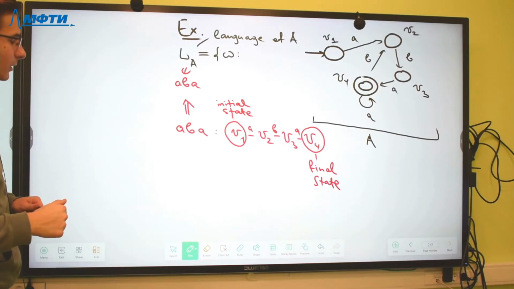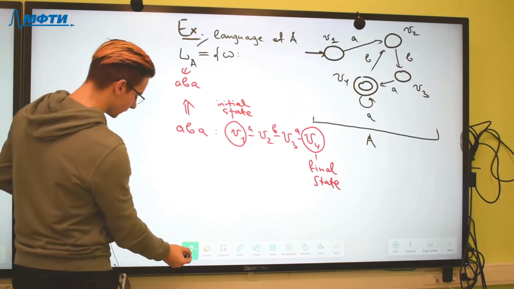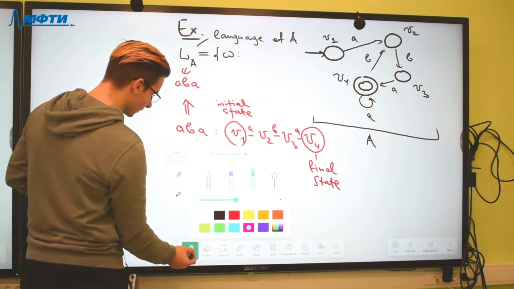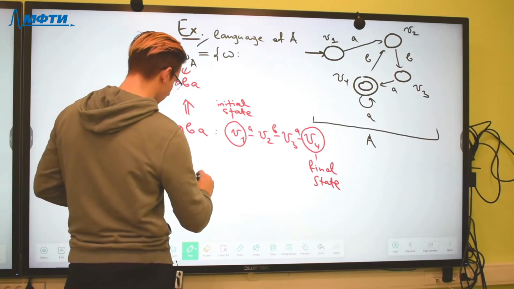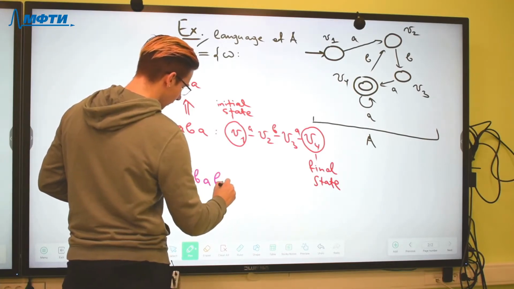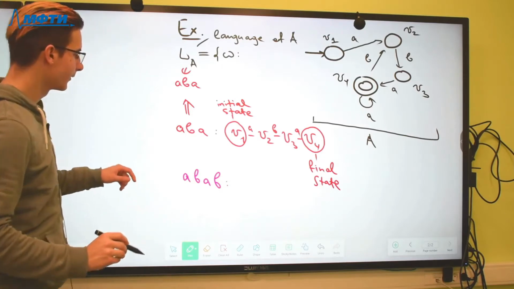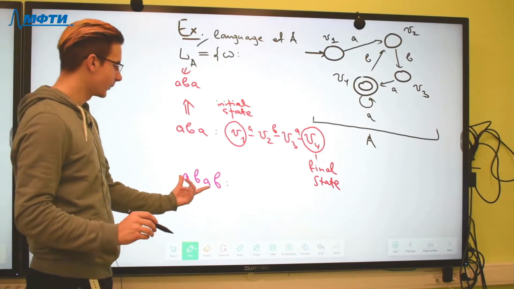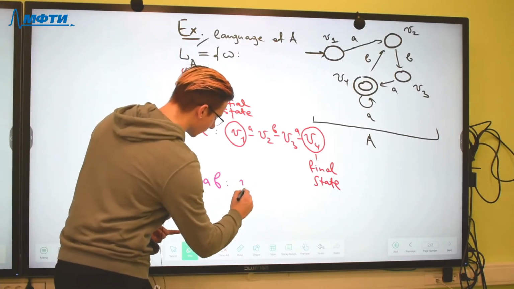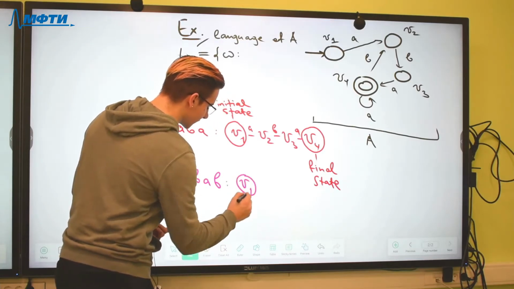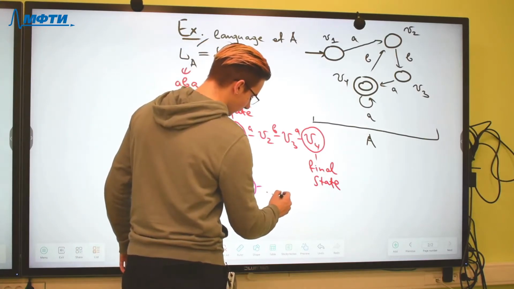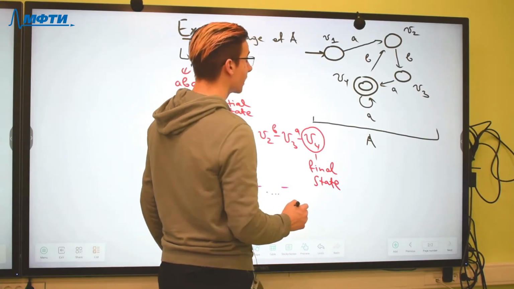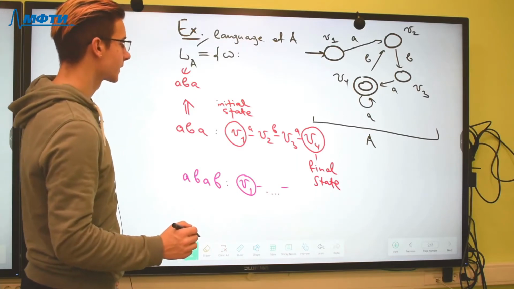And if we try to find a path from the initial state by this word, you see that it ends with the vertex v2.